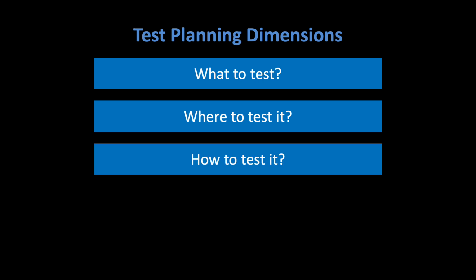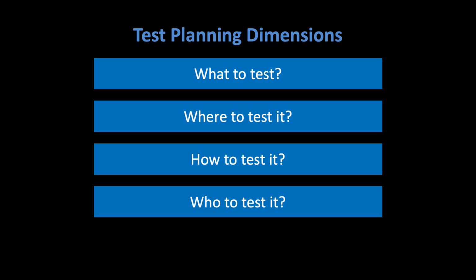Then how to test. This refers to the test cases or test sets that are used for this specific test trigger, or it might also be some test instructions if in that case it's a more free and exploratory test.